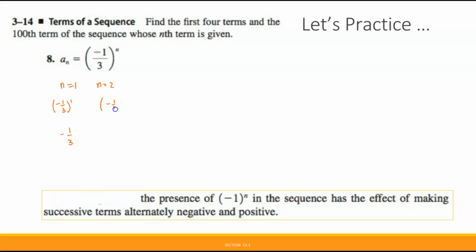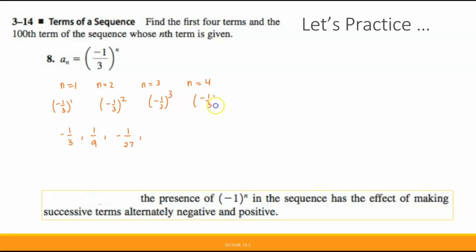Negative 1/3 squared would be negative 1/3 times negative 1/3, and that's going to be 1/9. Then we have n equals 3, so that would be negative 1/3 times negative 1/3 times negative 1/3. That's going to be negative 1/27.